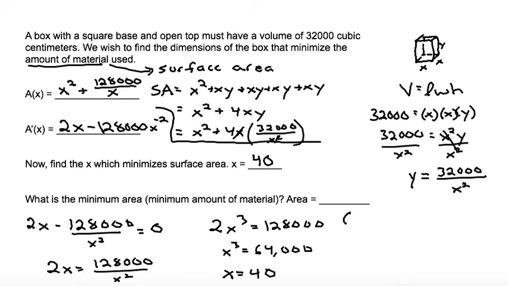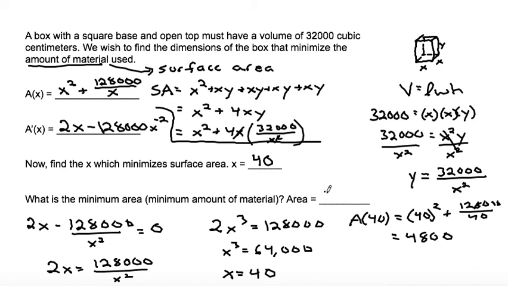So A of 40 is equal to 40 squared plus 128,000 over 40, which is 40 squared is 1,600 plus 128,000 divided by 40, which is 4,800.